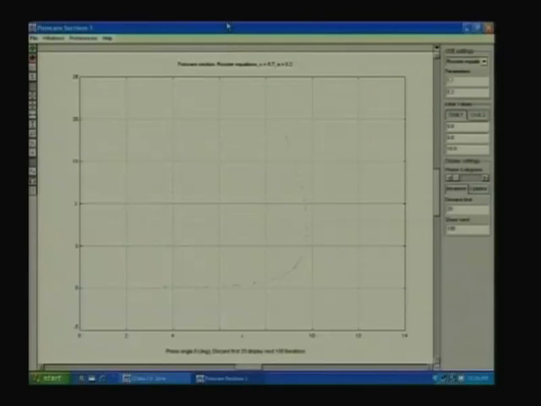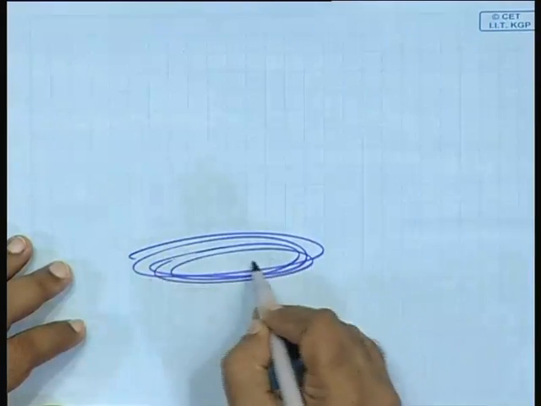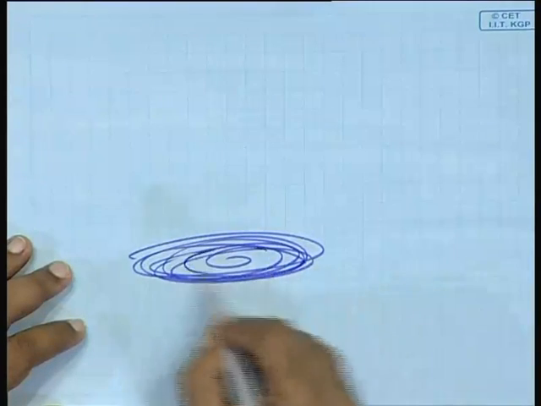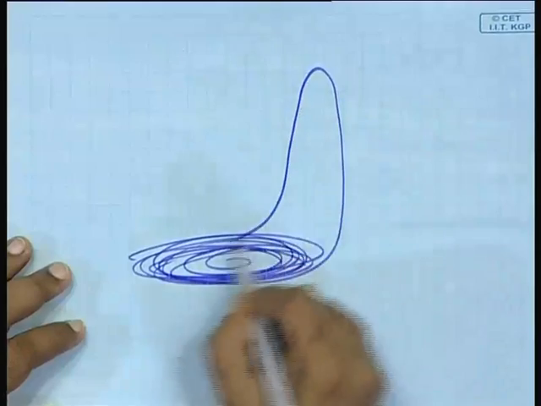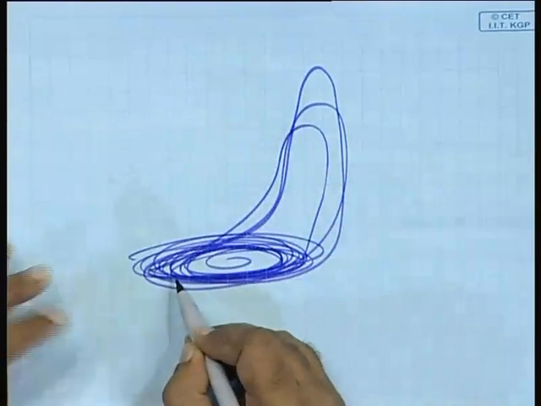Poincare sections, fine. So, you see we have seen the Rossler attractor, the one that was going like this, then goes out and then goes around. You remember that?